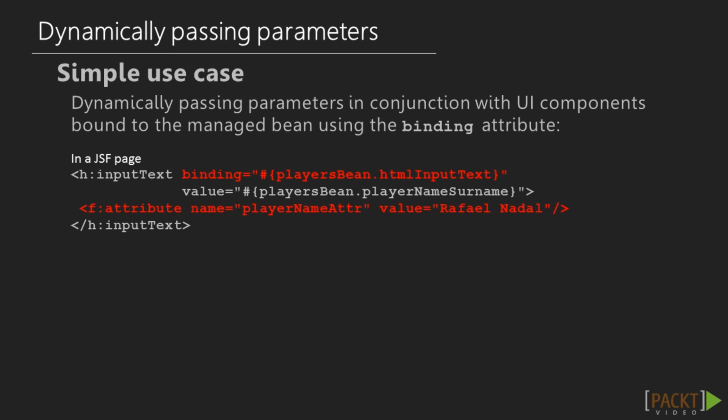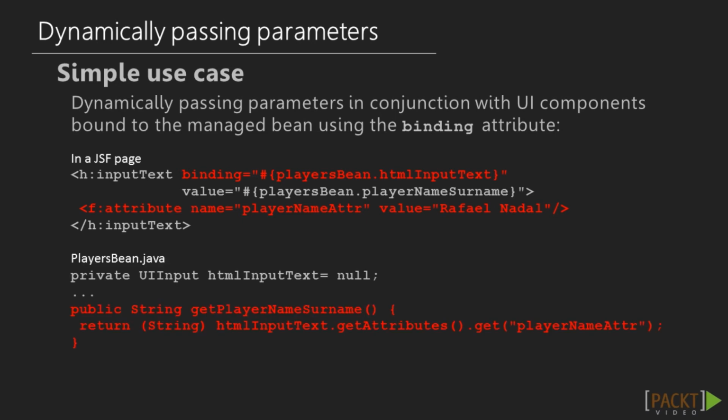Another case when the f:attribute tag can be useful is when we need to dynamically pass parameters together with components bound to a managed bean using the binding attribute. This is very useful, especially because there is no solution provided by JSF for passing parameters to the getter and setter methods of the bound components.